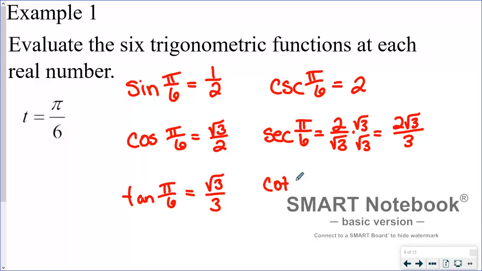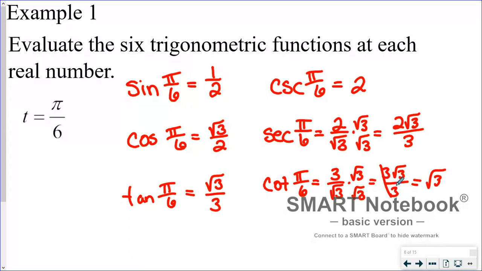Cotangent is simply the reciprocal of tangent. So 3 over the square root of 3. So we have to rationalize. We get 3 square roots of 3 over 3. What happens here? 3 cancel.